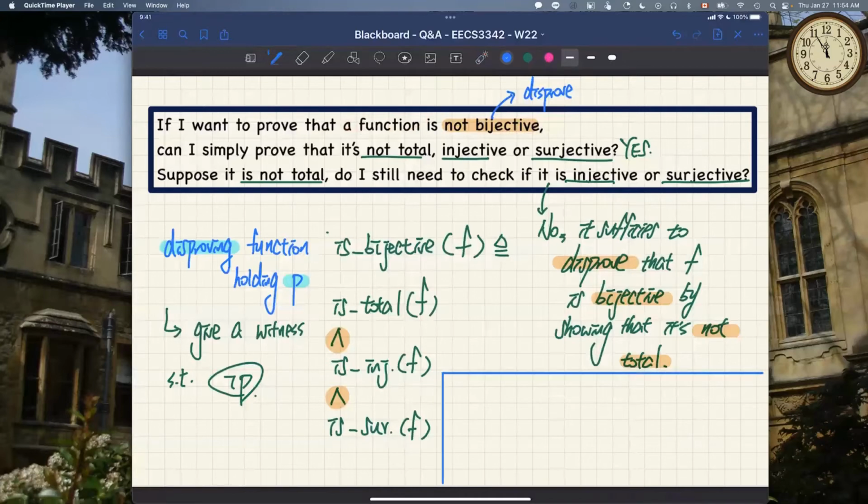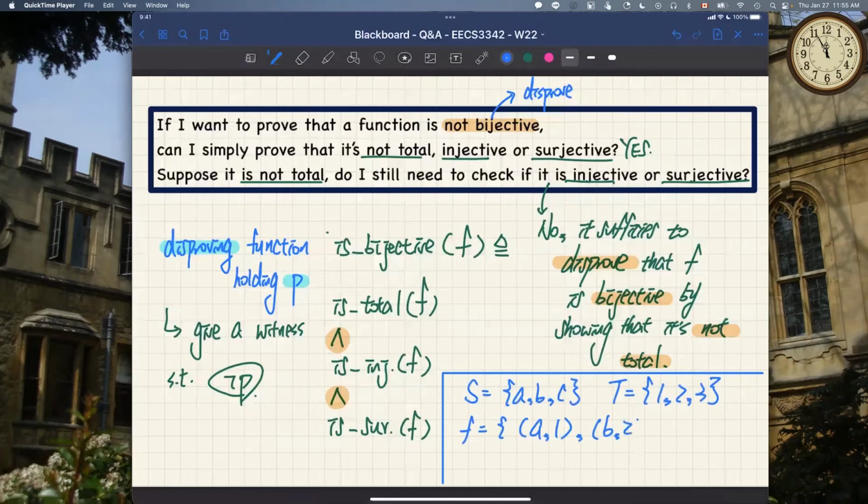Let's say this function here, f, is simply, let me just say s and t, so that's important. Let's say s will just be the set a, b, c, and t would just be 1, 2, 3. Just make it easy enough. Let's say the function f we are talking about maps a to 1, b to 2, and also c to 1.